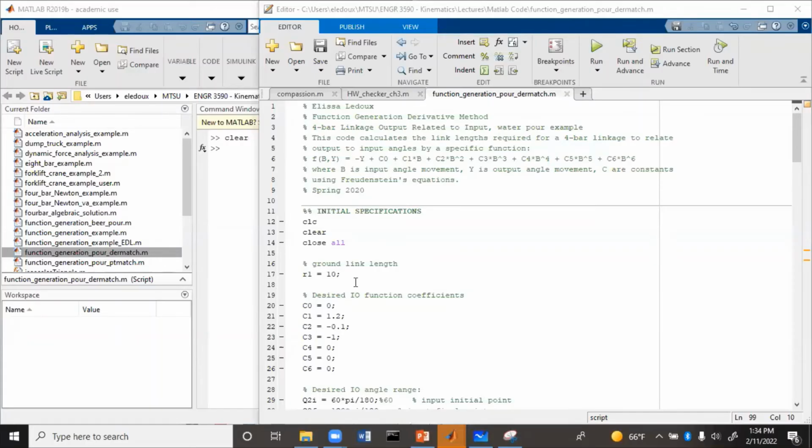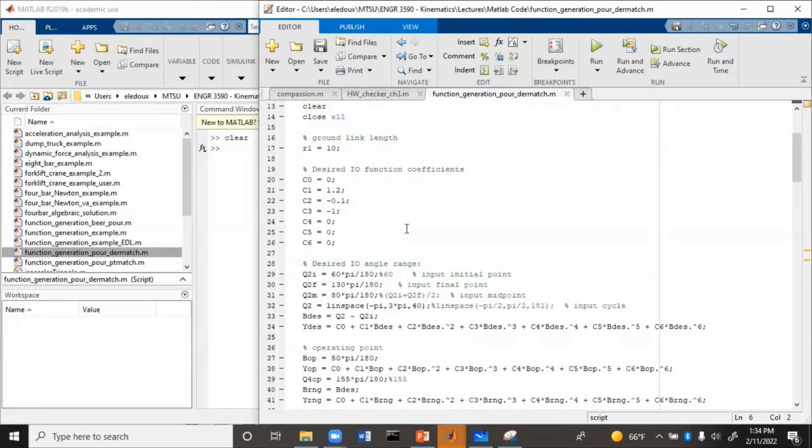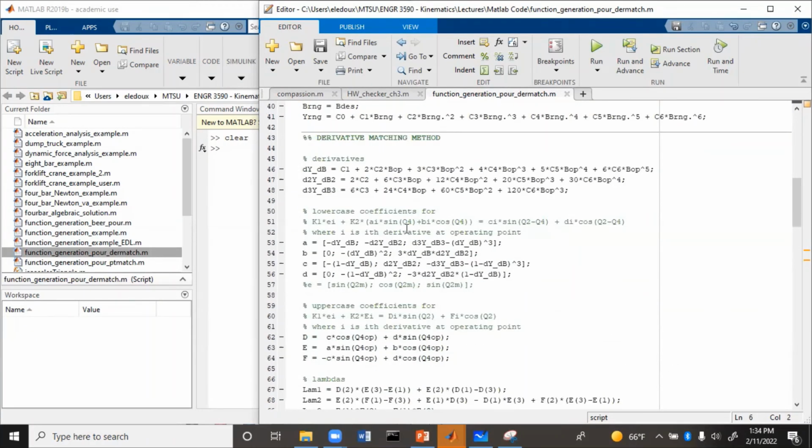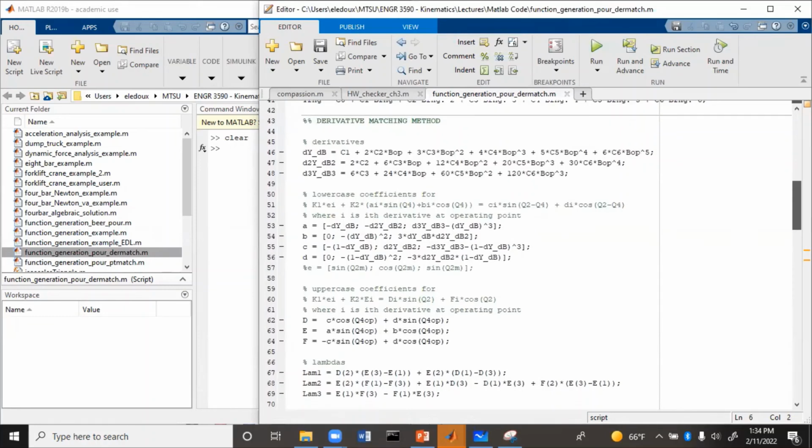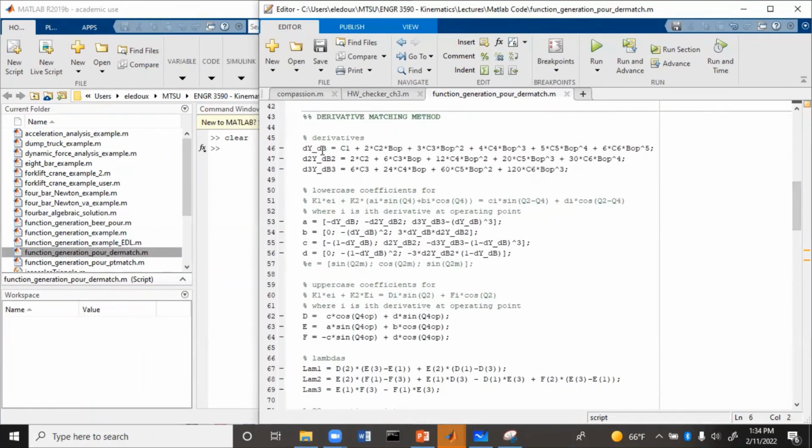You can see here, I chose my ground link and I chose the coefficients. These coefficients just match the equation I used on line 6, the same thing that I wrote down on the whiteboard. And then with the derivative method, I plugged in all 3 of the derivatives here and calculated the lowercase coefficients from that.